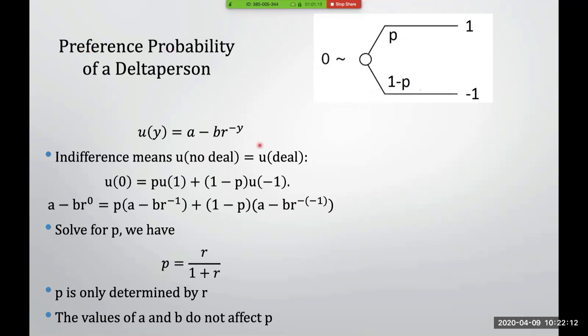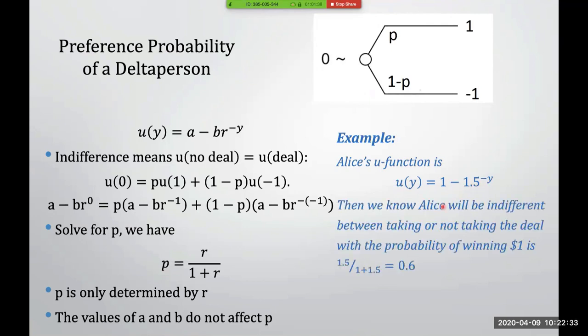Okay, here's an example again using Alice that we saw, who has a utility function like this. Again, I have pointed out to you that this utility function corresponds to a equal to 1, b equal to 1, and r equal to 1.5.